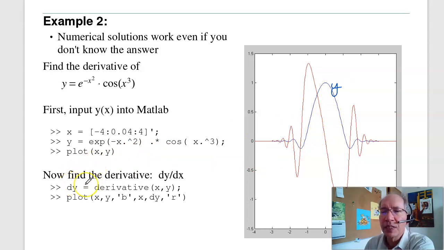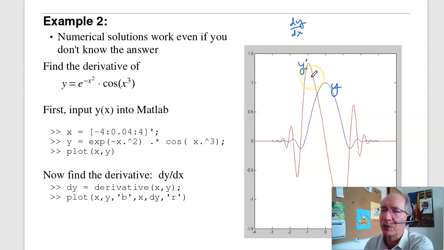Now take the derivative. Find the derivative of x, y. Again, Matlab doesn't care what these are. Given some data, it'll find the derivative and plot x versus y in blue, x versus dy in red. So this is the derivative. For notation, y prime means derivative. That's sometimes used just because dy over dx is kind of a pain to write.